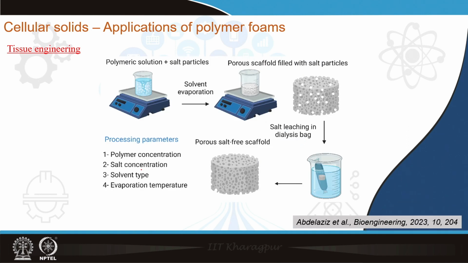One method is shown here, of how this open porous polymer foam is developed, and the pore structure and pore morphology can be tailor made to mimic the structure inside the body for which this polymer foam will be used.